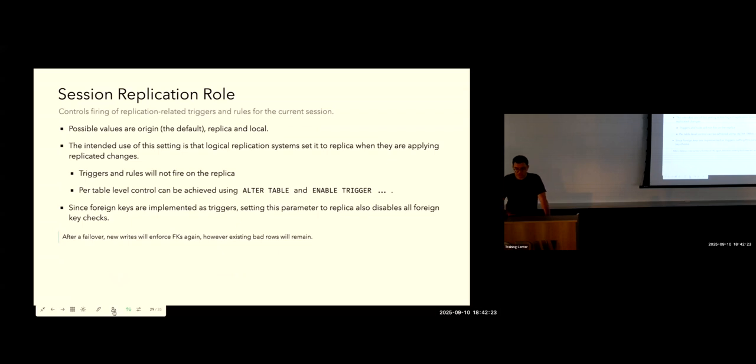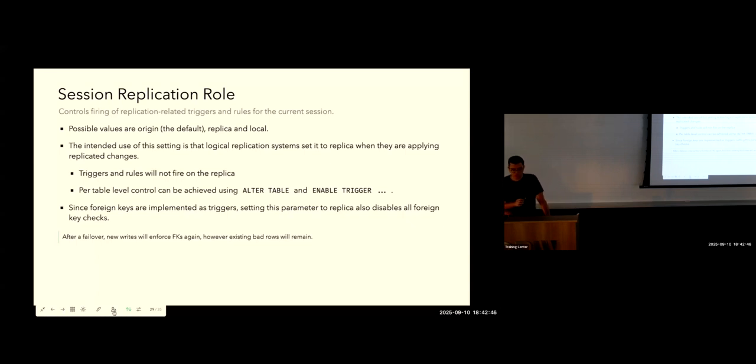So the intended use is to do logical replication when you are applying replicated changes. Because you are replicating changes, you can't rely on foreign key constraints, and the triggers are disabled during the logical replication. Because triggers are disabled and foreign keys are implemented as triggers, they're not going to trigger.